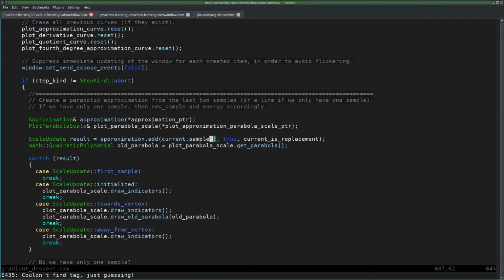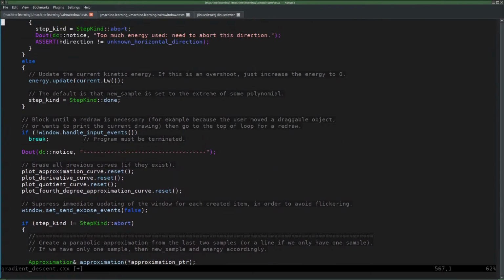So I must pass it through if I want to only update the scale, which I do if the current sample is actually on in extremes, which means that it is not on the stack.